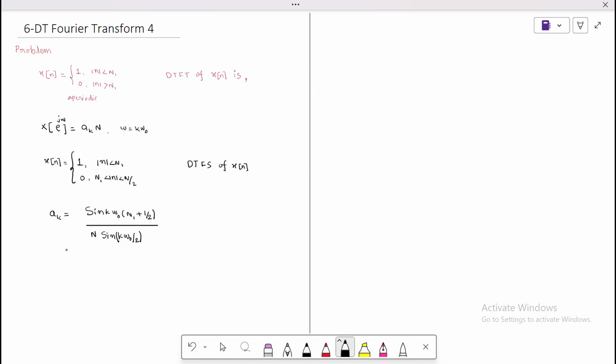Actually, ak into N, this is right, like X of e power j k omega naught, that is equal to ak into N, that is equal to sine of k omega naught into n1 plus 1 by 2.